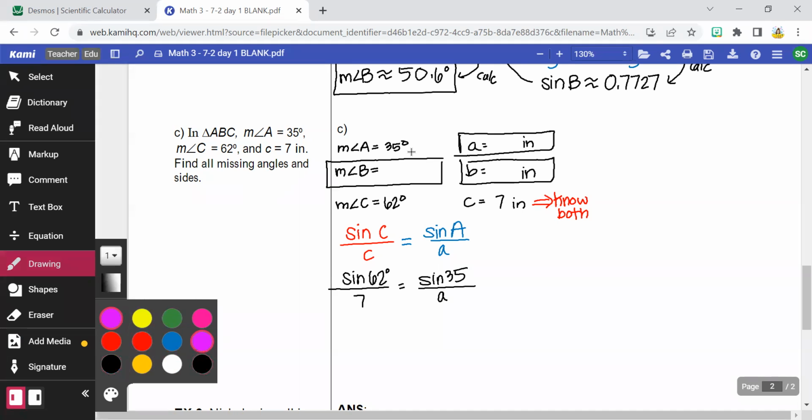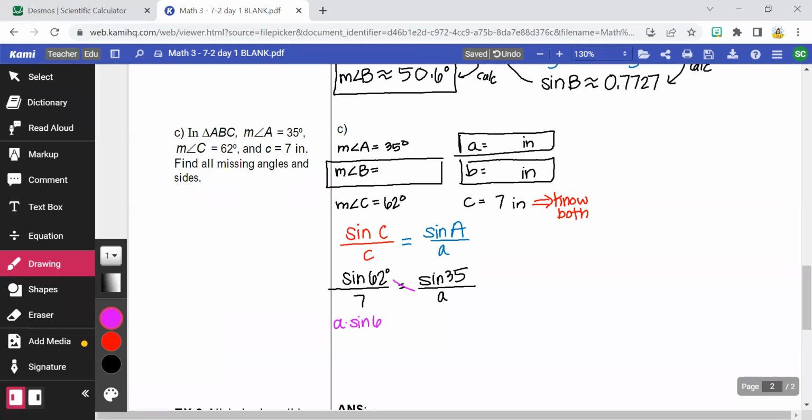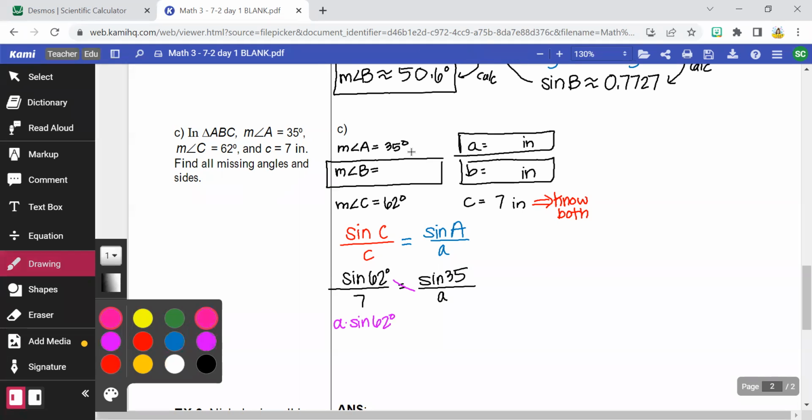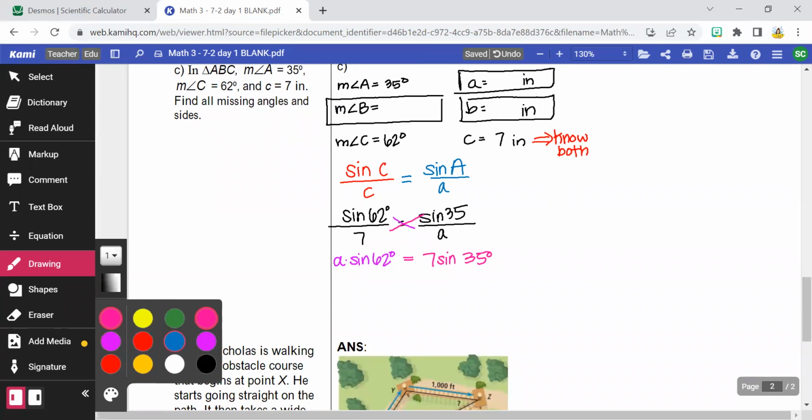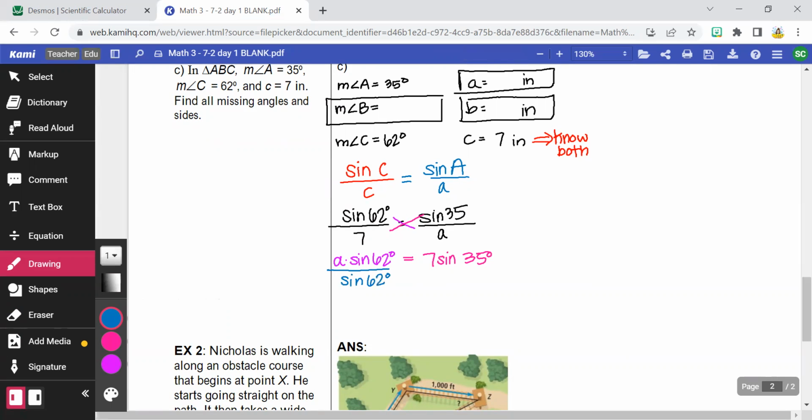So if we cross multiply, A times sine of 62 is equal to 7 times sine of 35. So to get A by itself, we would need to divide both sides by sine of 62. So that tells us that A is going to be approximately 7 times sine of 35 over sine of 62.